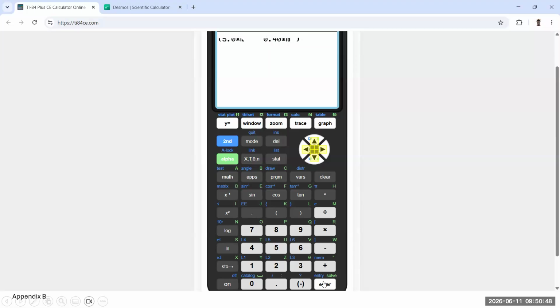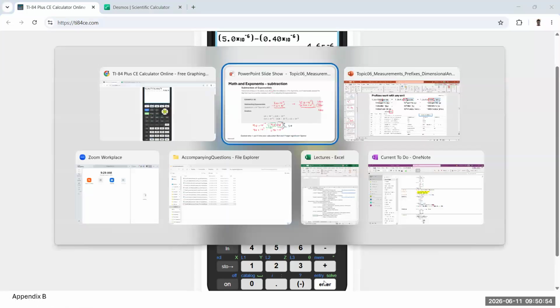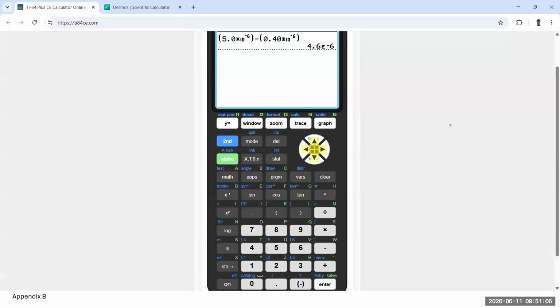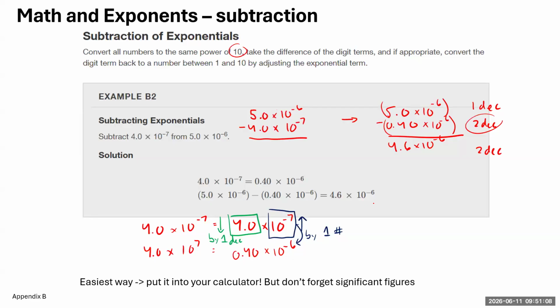And we're going to hit enter. And it's 4.6 times 10 to the negative 6. Let's try that. So this is going to be 4.6 times 10 to the negative 6. But you saw a little earlier, or right here, 4.6.